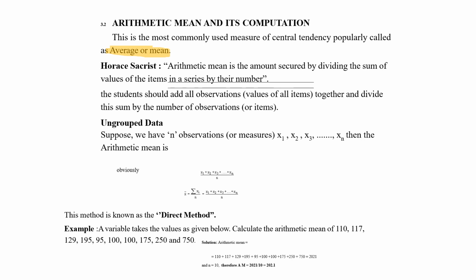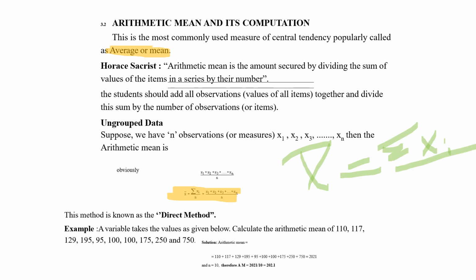Suppose we have n observations, ungrouped data or measures x1, x2, x3, up to xn. x1 plus x2 plus x3 plus xn divided by n. X bar, that is mean, is equal to summation of x divided by n.